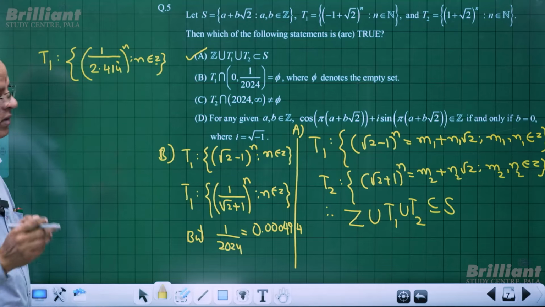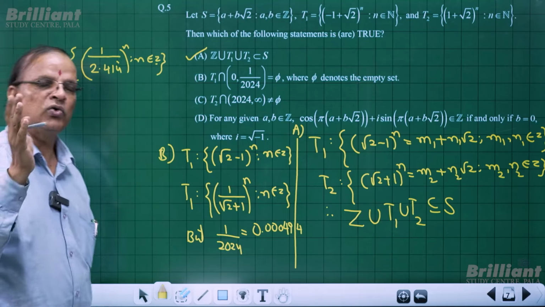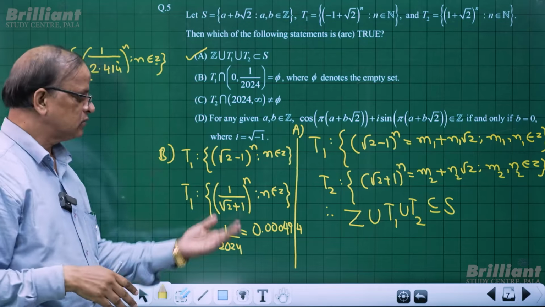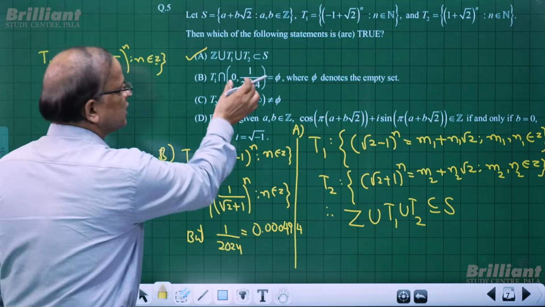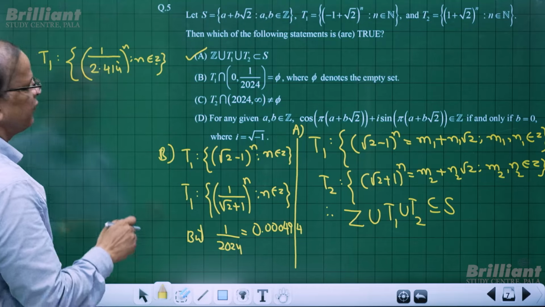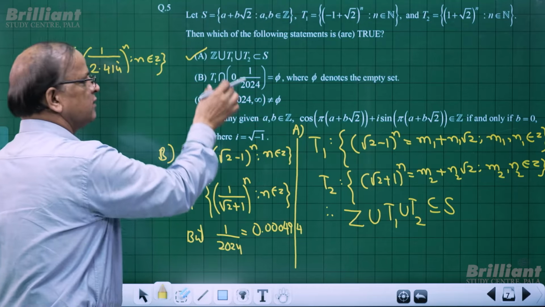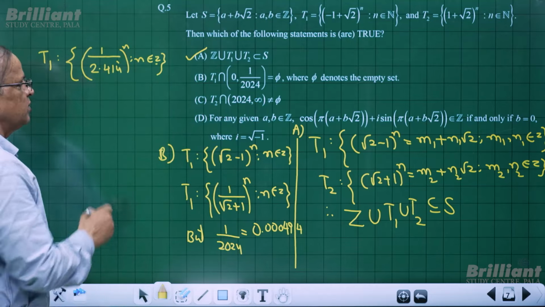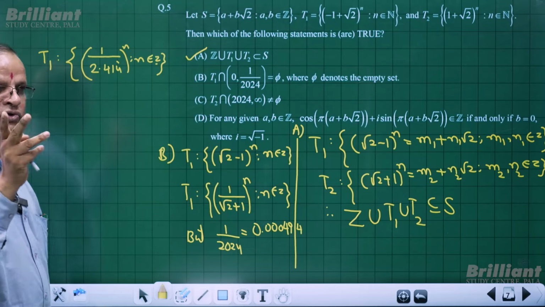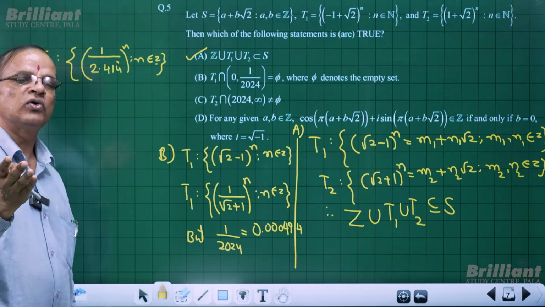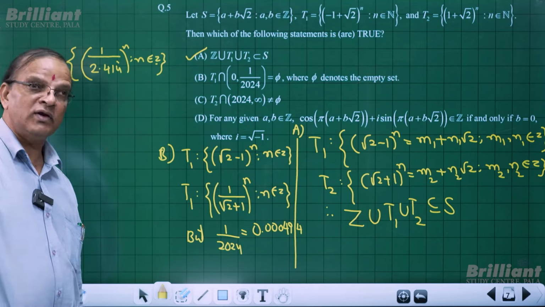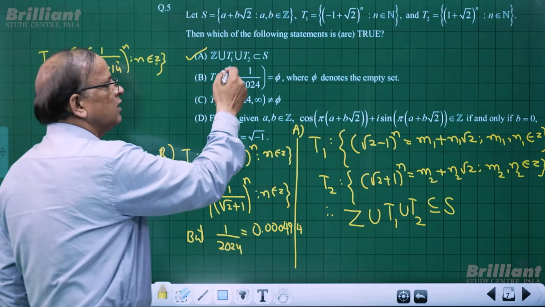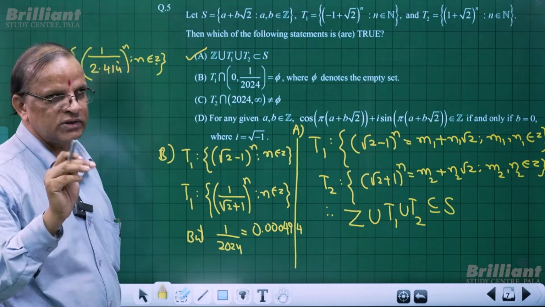See, as n is a natural number, 2^10 is only 1024. So if you take 2^20, definitely it lies in this interval. That means definitely this is not phi, some value is there, so intersection is possible. Because 2^10 is 1024, 1/1024, and if you take n as 20, n is very large, so definitely this value lies in this interval and the intersection is there.